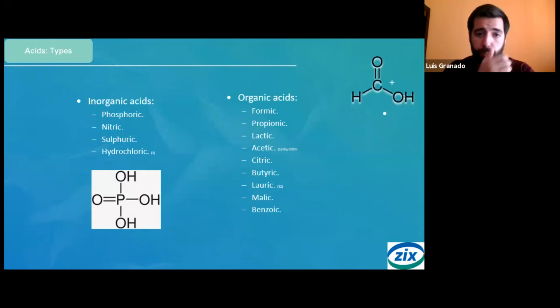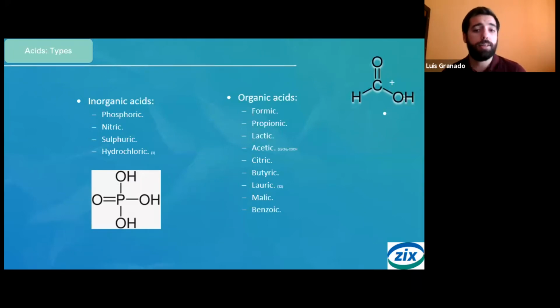So we have two groups, basically, inorganic and organic acids. Within the inorganic, normally we will find phosphoric, nitric, sulfuric, and hydrochloric. That formula there is the orthophosphoric or phosphoric, which are the same. They are strong acids, and now I will explain some other characteristics.